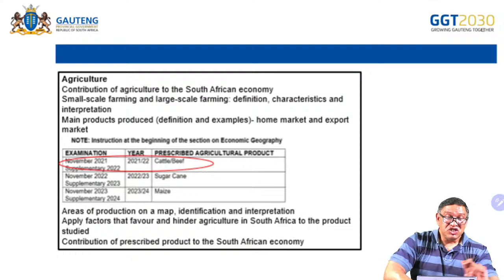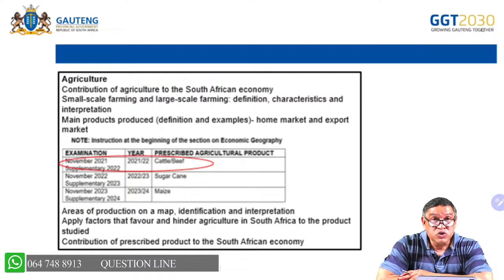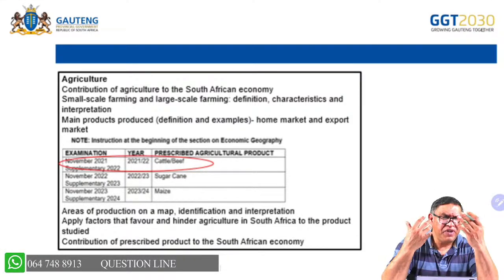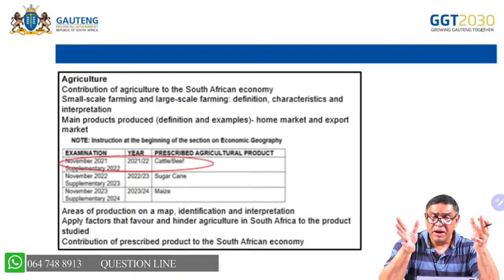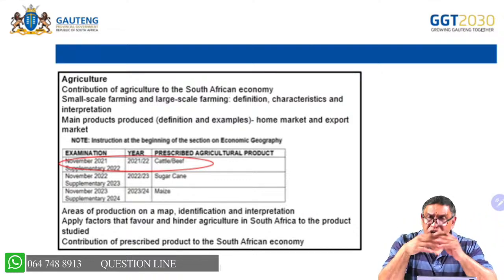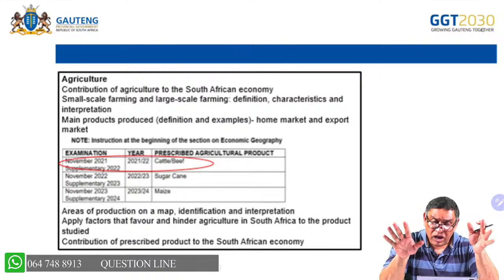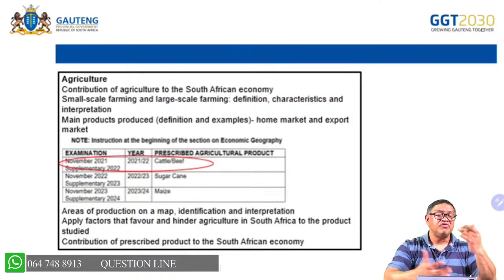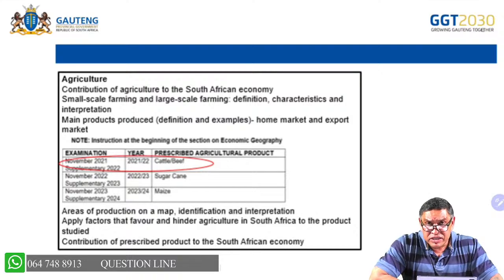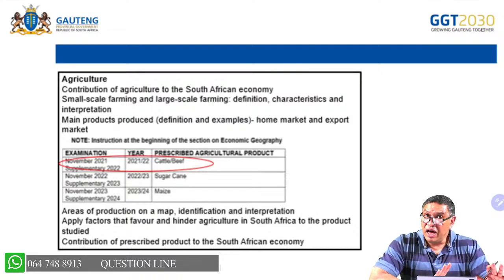Now, agriculture. Learners, we do need to know there's various information that was last year during our COVID pandemic, and there's various videos, there's various illustrations that have come up with different types of products that's going to be examined.